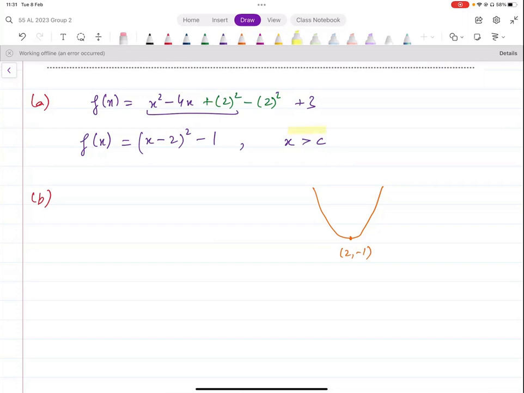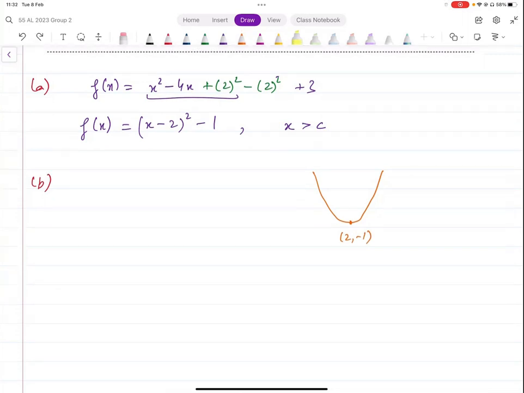x greater than c means you have to look at the right side graph. So where can the value of c be lowest? You can keep going like this, to the left, and the least value can be here. If it's to the right of this, it will be a 1-to-1 function. If you come even a little more to the left, it's no longer going to be a 1-to-1 function, right?